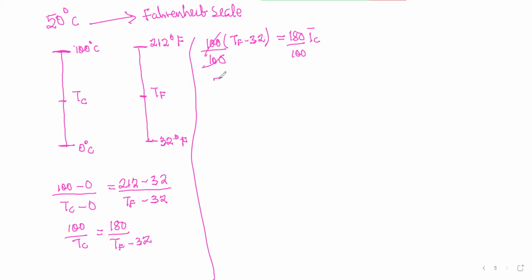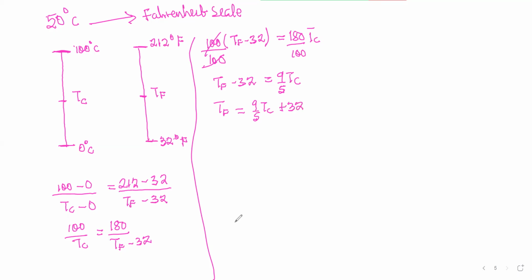I have TF minus 32 is equal to 9 on 5 times TC. Therefore, TF would be equal to 9 on 5 TC plus 32.